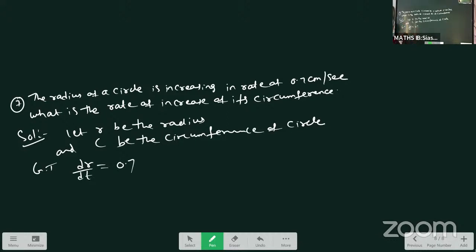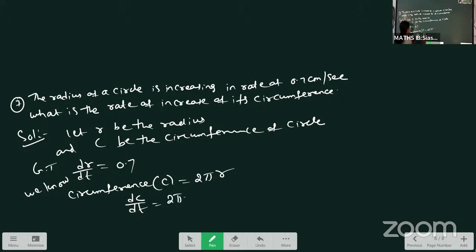We know the circumference C is equal to 2 pi r. Differentiate. dC by dt is equal to 2 pi into dr by dt. So substitute the value here: 2 into pi into 0.7, the dr by dt value we have.